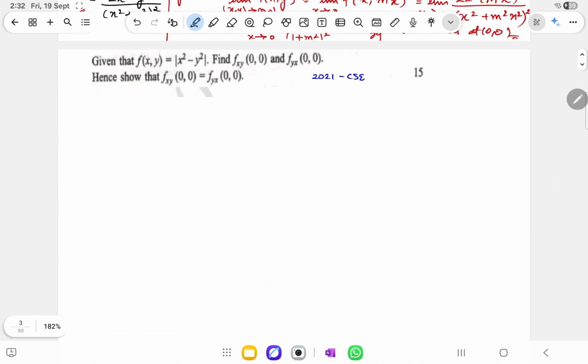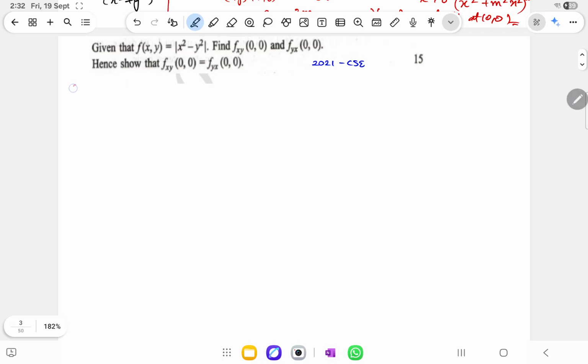The next question says that they have given us a function f(x, y), and we're supposed to find f_xy at (0, 0) and f_yx at (0, 0), and show that these two turn out to be equal. So let us see.